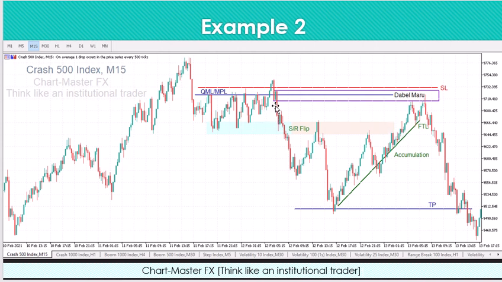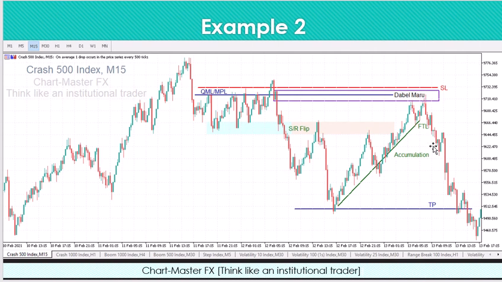So you can see here that we had a double maru on the place of the MPL, which is also strong as the MPL. And you can see that this double maru was able to hold the price, and the price dropped.